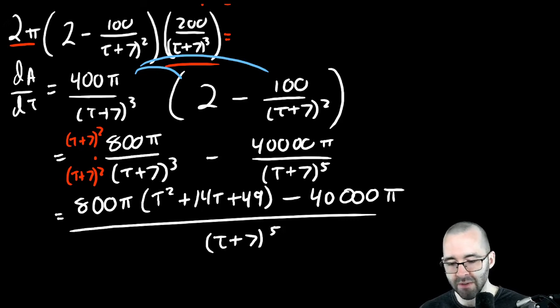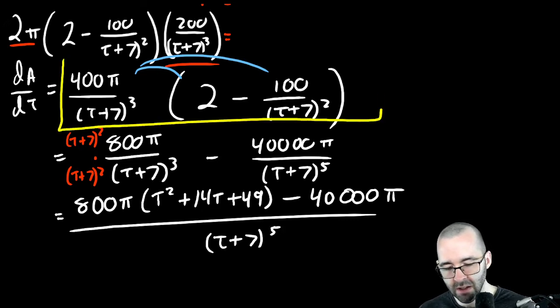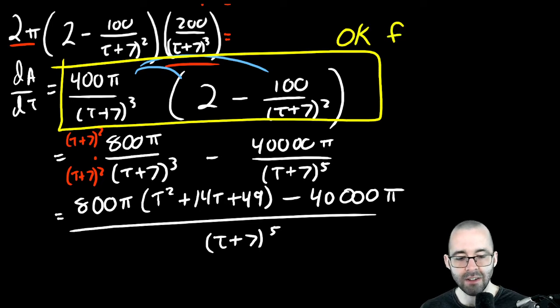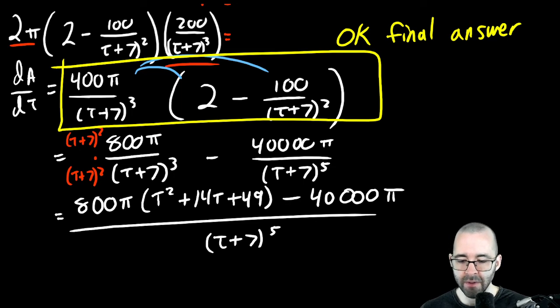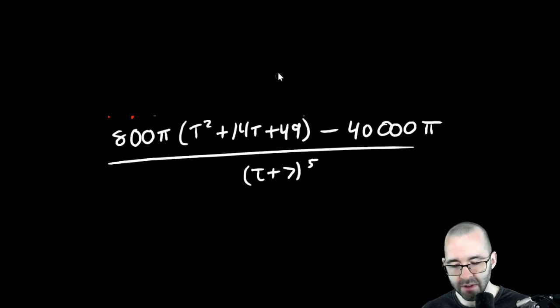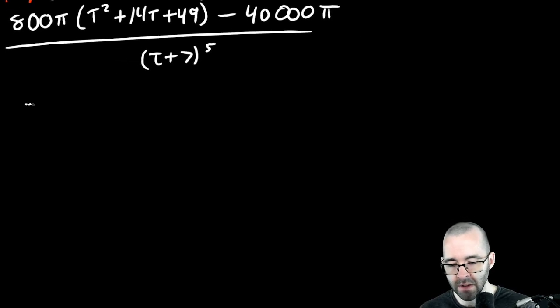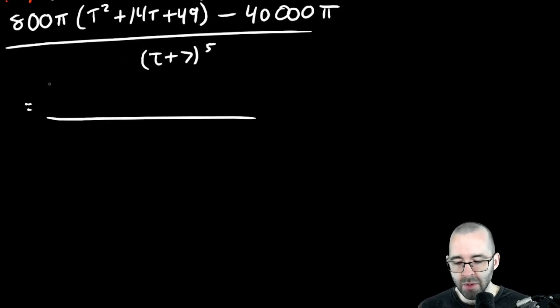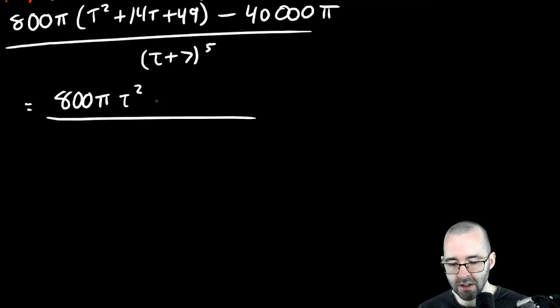By the way, I just really want to emphasize this is an okay final answer here. But sometimes the book simplifies a little bit further, and that's what I'm showing right here. So again, I want to make sure we have plenty of room, so I'm going to take this to the next page. Distribute out that top, 800 pi times t squared plus... actually, I know already what they would do here.